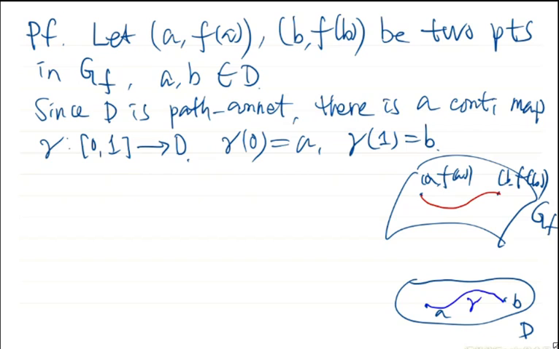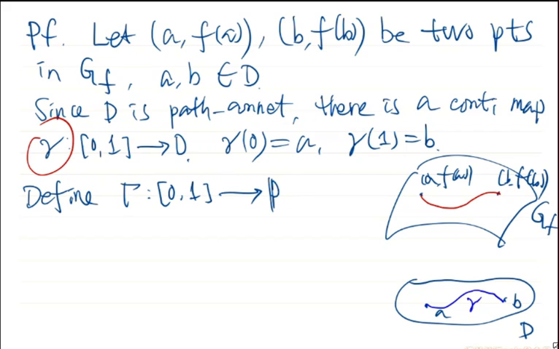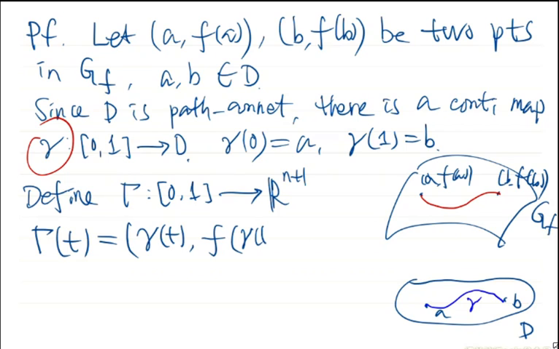Obviously, we can construct such a path using this gamma, right? So we define a capital Gamma from [0, 1] to R^(n+1). How to define this Gamma? Obviously, capital Gamma(t) will be (gamma(t), f(gamma(t))), right?